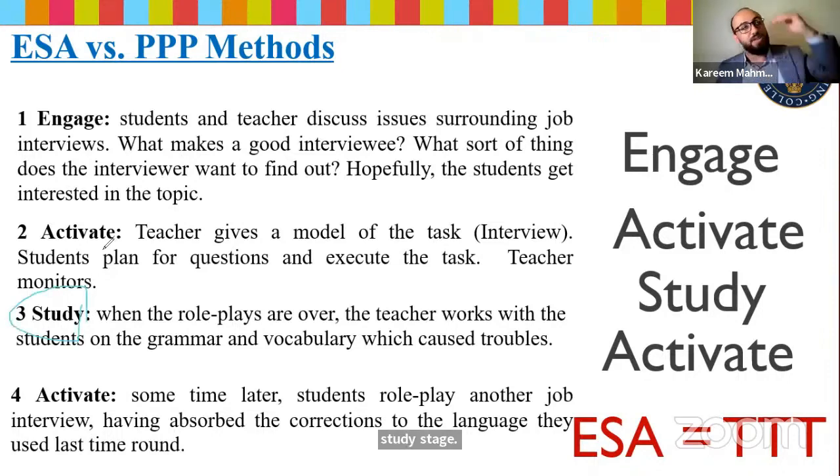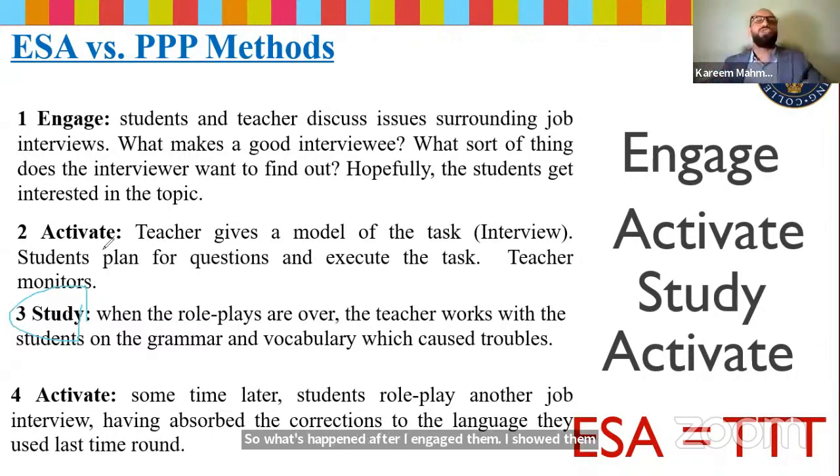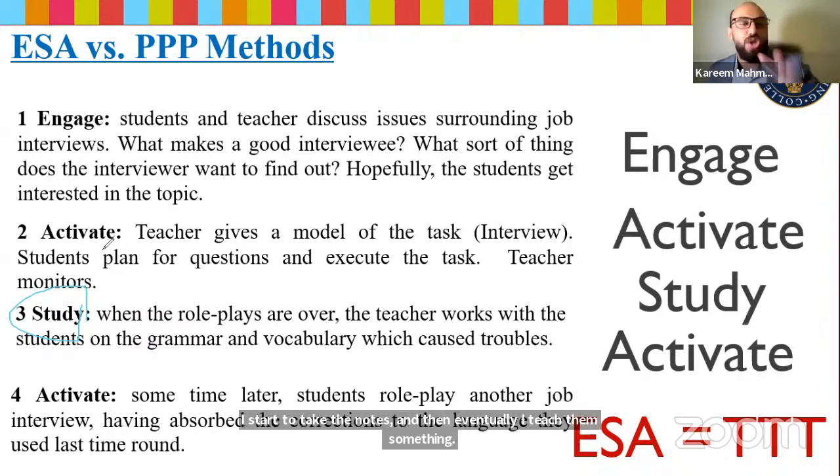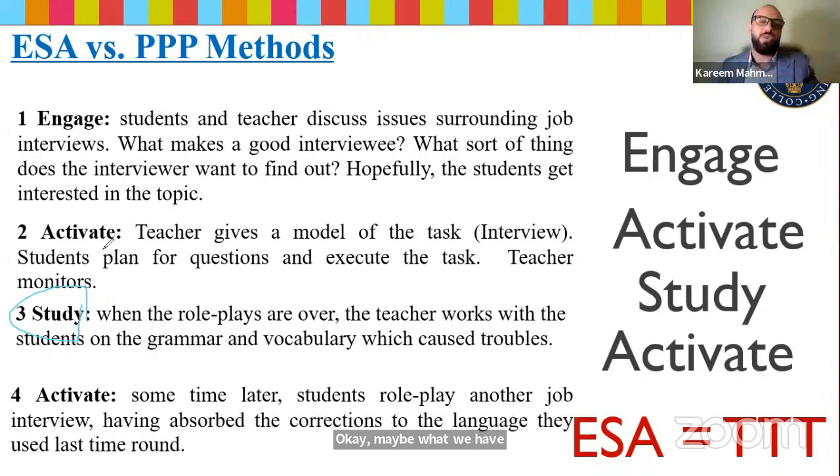So what happened after I engaged them? I showed them the interview picture. I showed them the video, for example, and then I activate their skills of fluency. I engage them, and then they are now in the stage of activate or activation. Then I start to take the notes, and then eventually I teach them something. Maybe what they have used in the language is not really accurate.